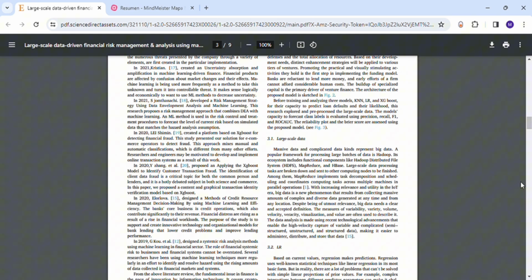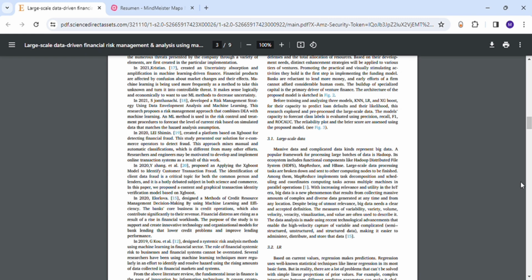With increasing relevance and utility in the IoT era, big data is a new phenomenon that results from collecting massive amounts of complex and diverse data generated at any time and from any location. Despite being of the most relevance, big data needs a clear and accepted definition.